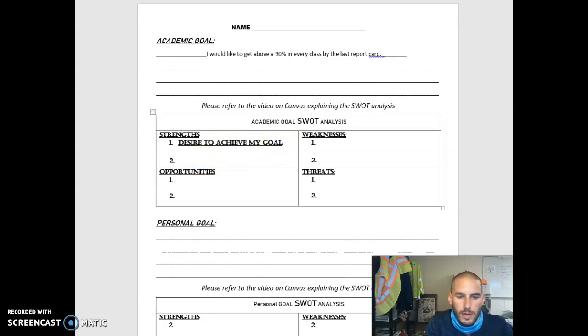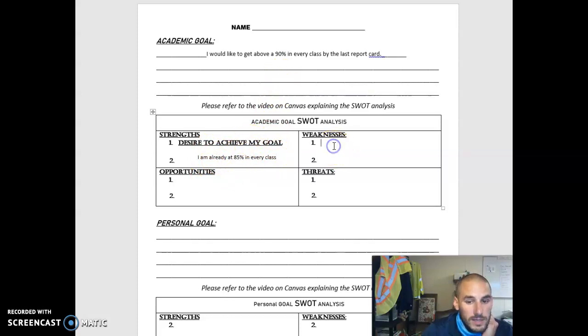So another strength to achieve that is that I am already at 85% in every class. So those are two strengths, right? You have a strong desire to achieve your goal, okay, and you're already at 85% in every class. Those are two strengths to help you achieve your goal.